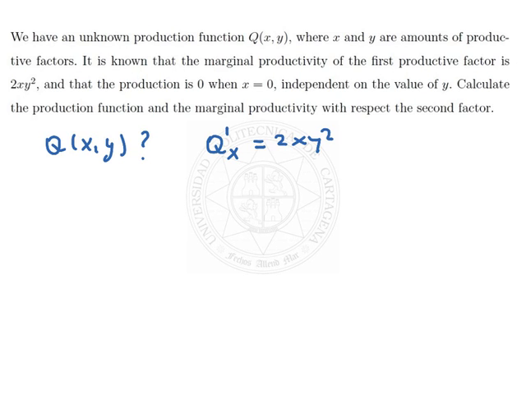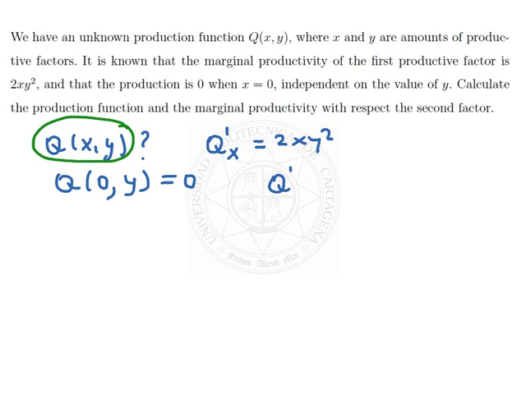We also know that when x is 0, independent of the value of y, the production is 0, and we are asked to calculate the production function and also the other partial derivative.